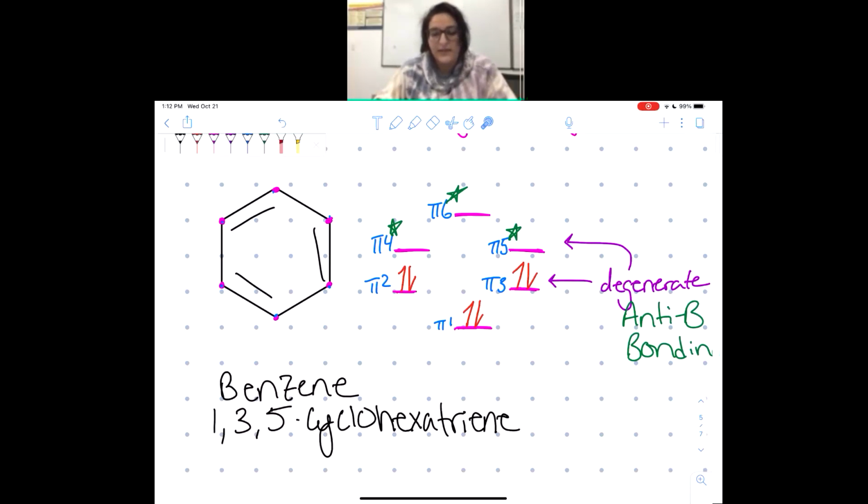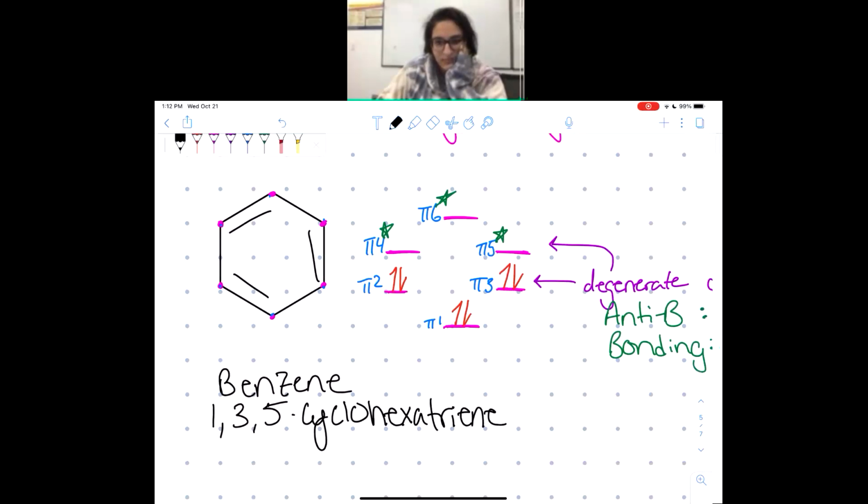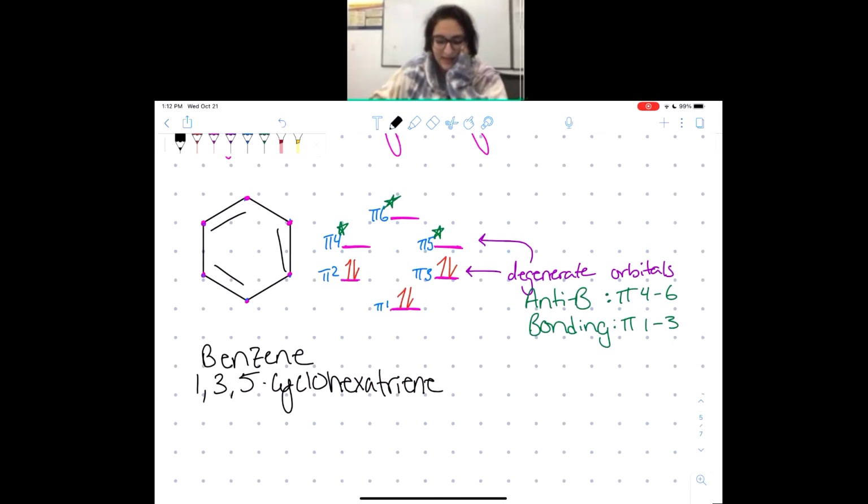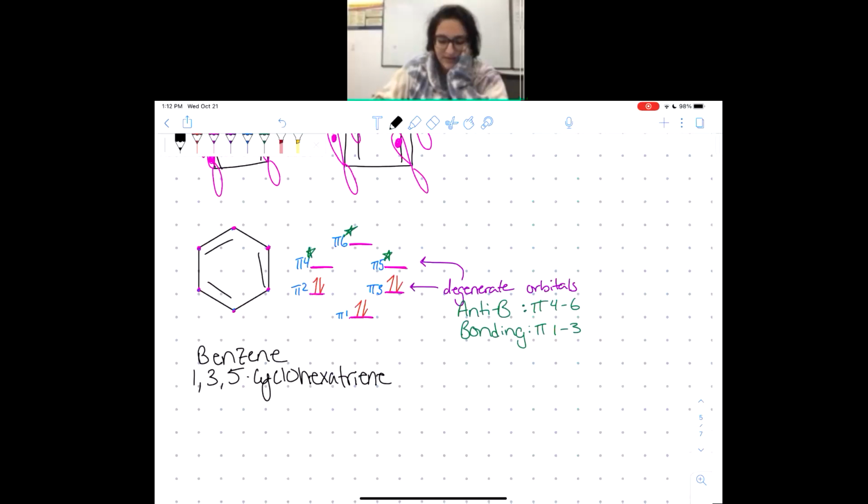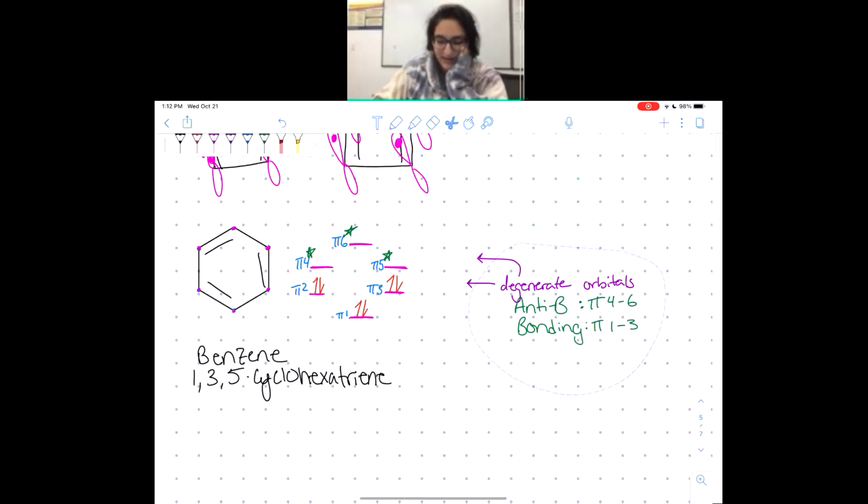All right, so at this point, we can figure out which one is the HOMO and which one is the LUMO. So which one is the highest occupied molecular orbital? Pi 3, exactly. So I'm actually going to move this over a little bit because it's starting to look kind of messy.